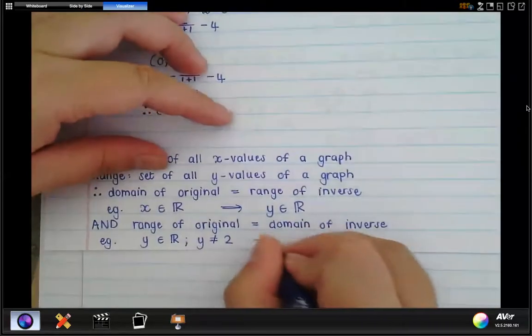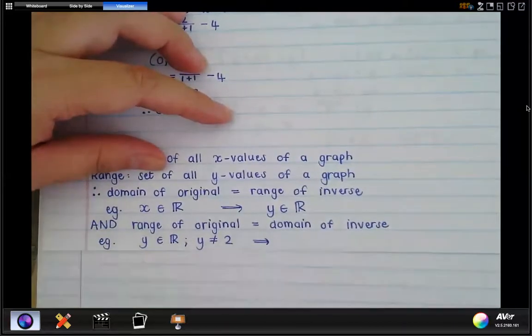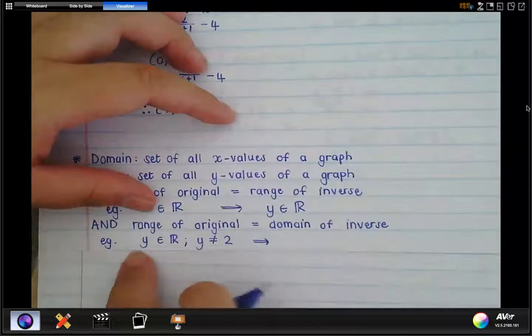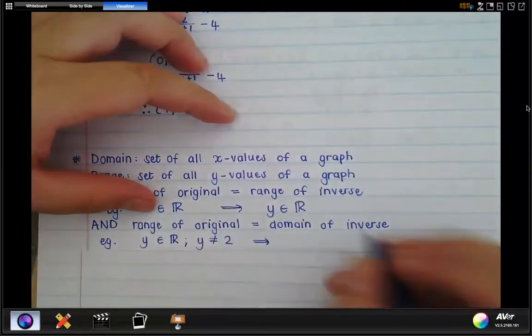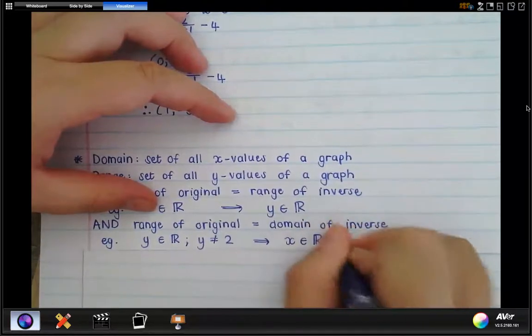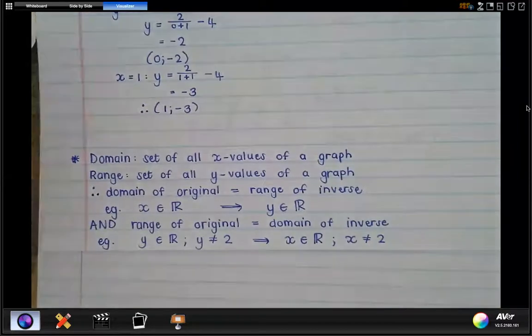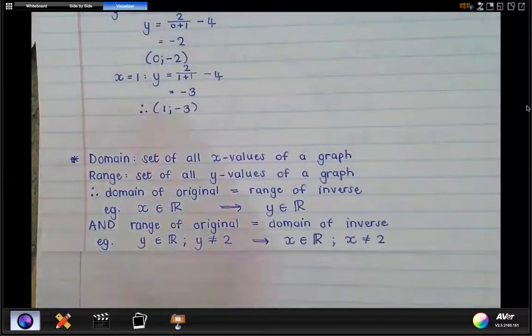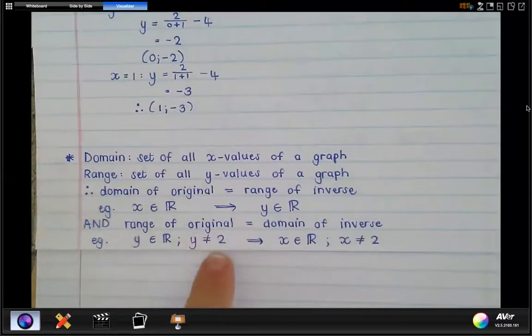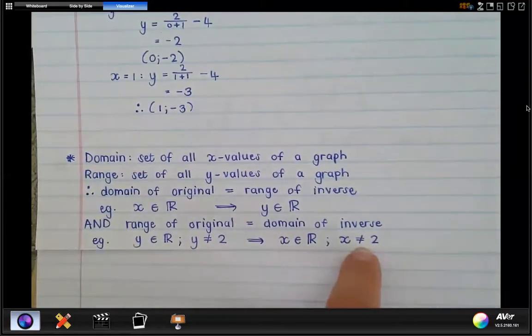Then the domain of the inverse is going to have these same values, but we're just going to swap x and y. So instead of saying y is an element of real numbers, y not equal to 2, we're going to say x is an element of real numbers, but x cannot be equal to 2. Because if we think about the example that we did up at the top, if y equals 2 was an asymptote of the original graph, x equals 2 is going to be an asymptote of the inverse.